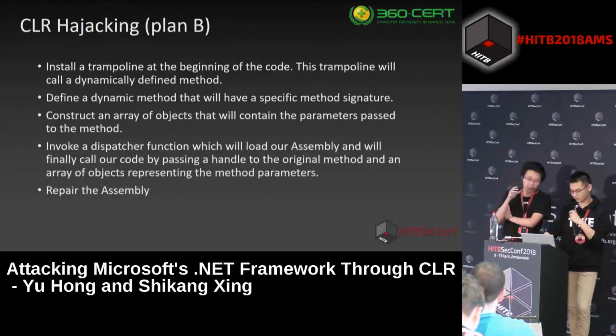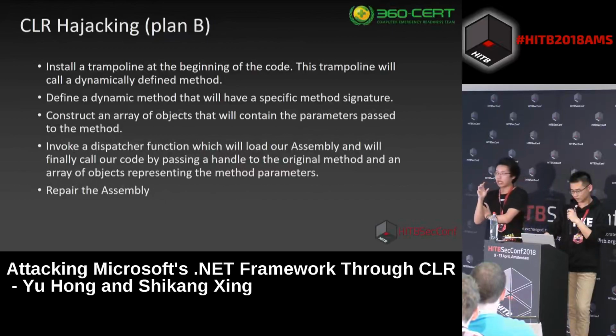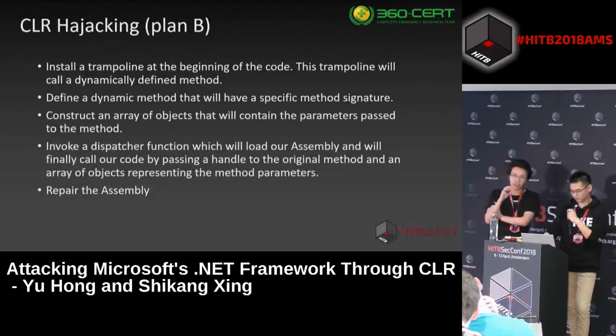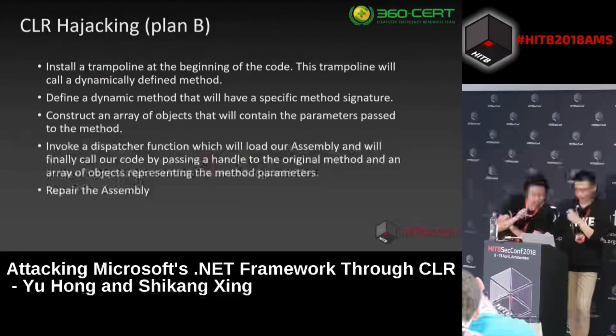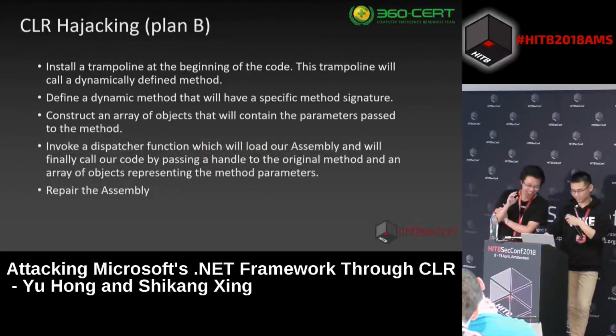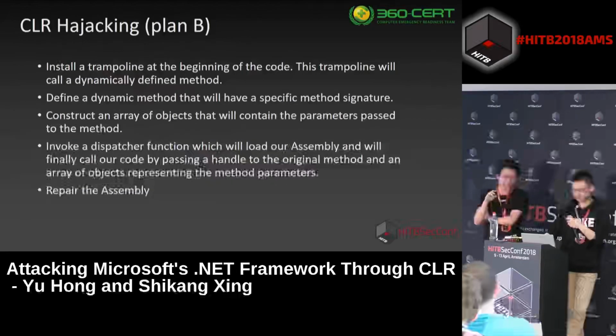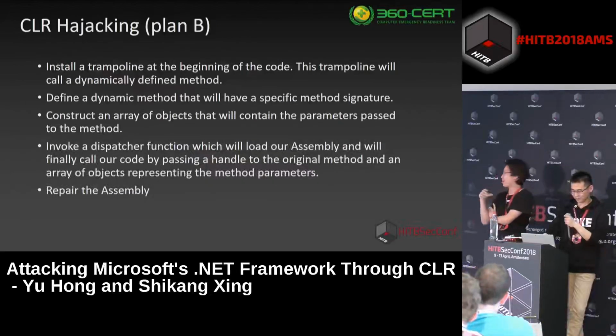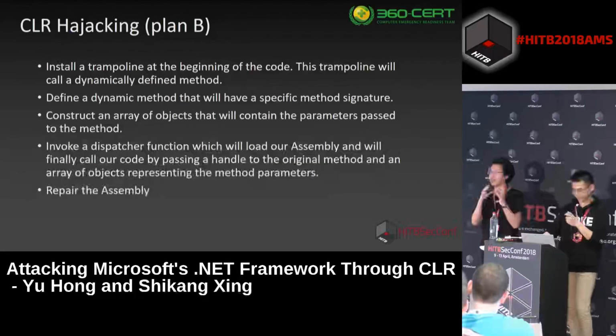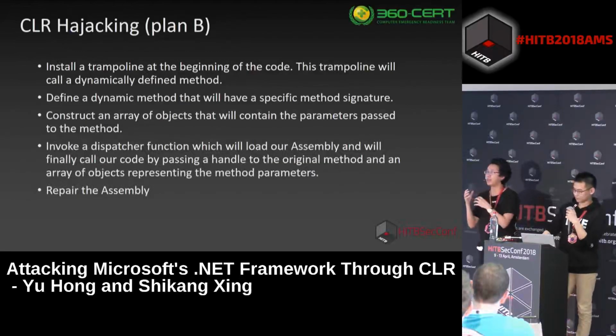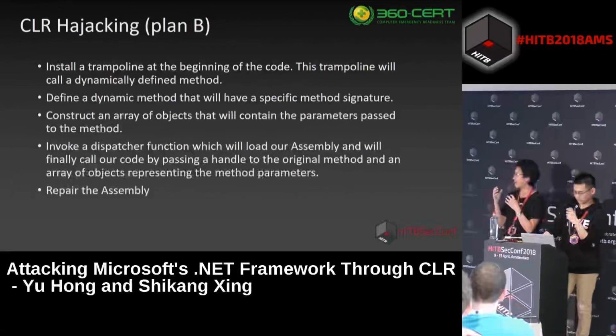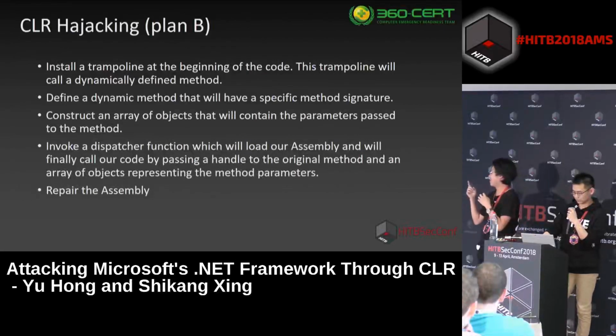It can install a trampoline at the beginning of the code, so the attacker can call the dynamic function. This Plan B is better than Plan A. Plan A has some limits, so Plan A can't call the dynamic method.